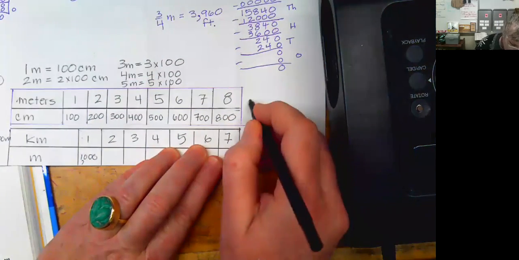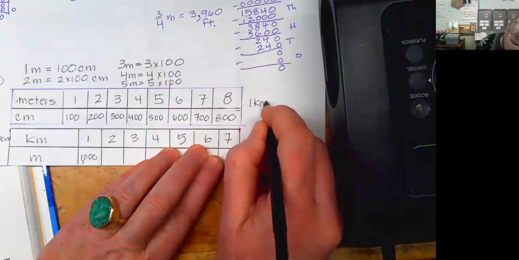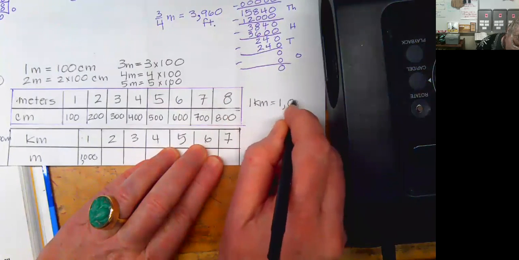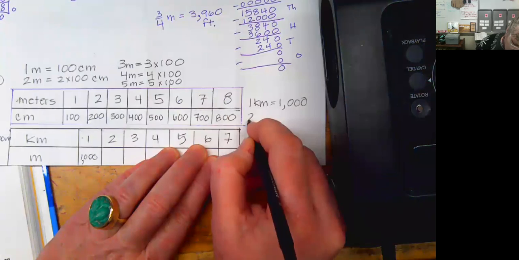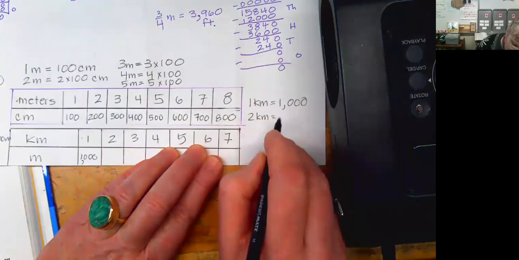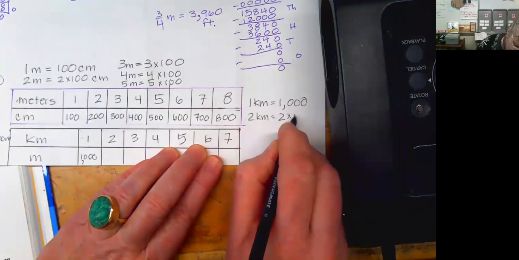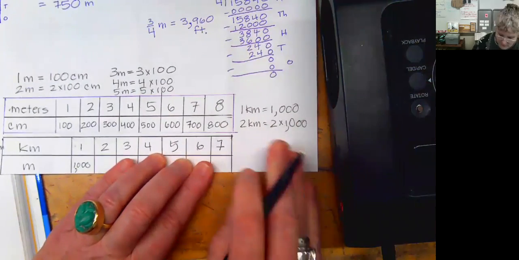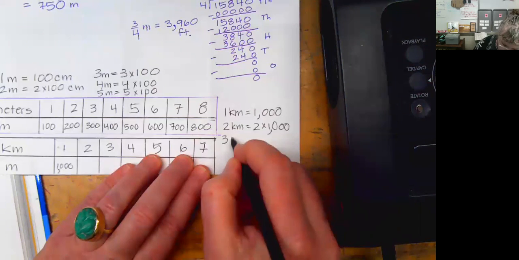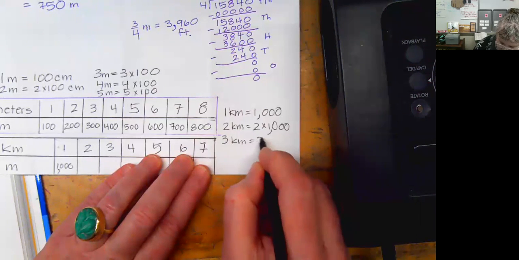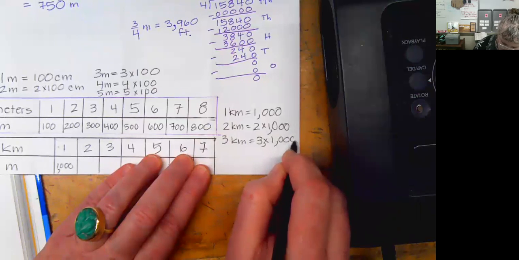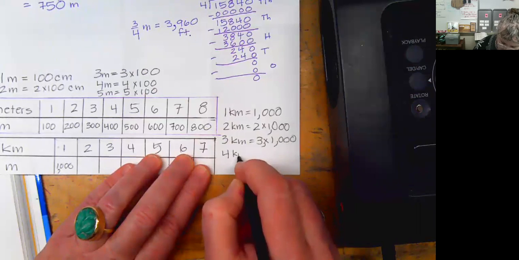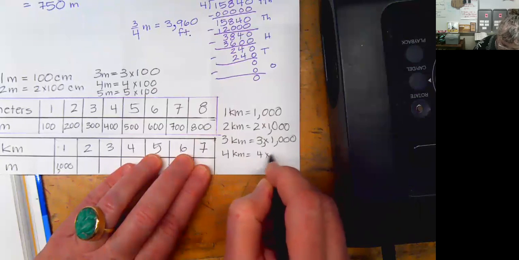I can say 1 kilometer equals 1,000. 2 kilometers equals 2 times 1,000. 3 kilometers equals 3 times 1,000. 4 kilometers equals 4 times 1,000.